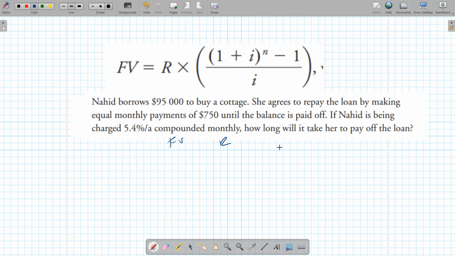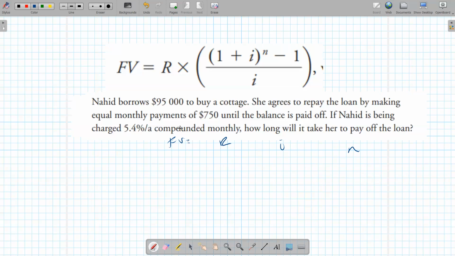Tell me what we know. The future value is 95,000. Right. How do we know it's the future value and not the present value, actually? Because you're borrowing that money, you're not investing it at first.